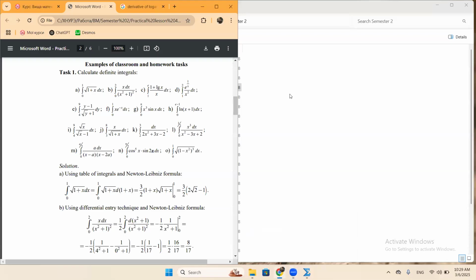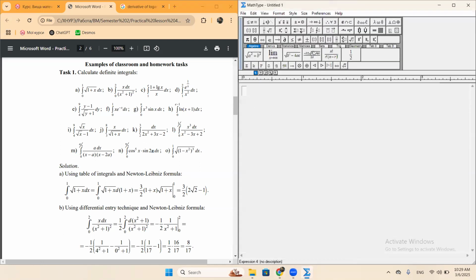Okay, let's continue. So the next integral. So the following: the irrationality.